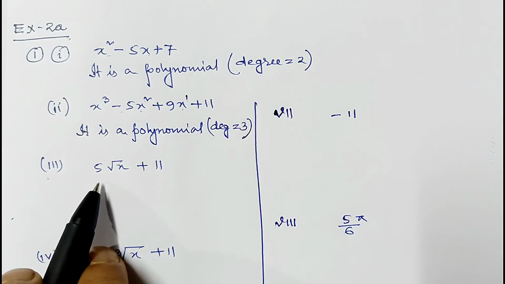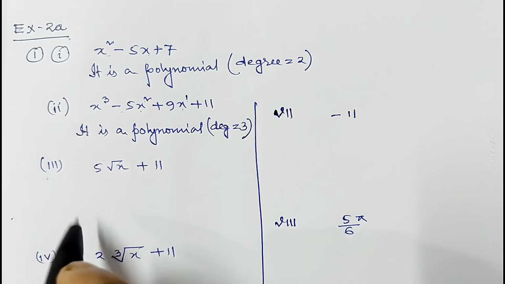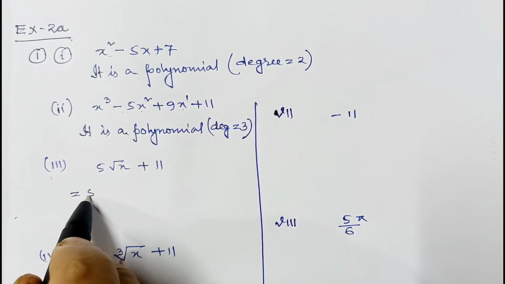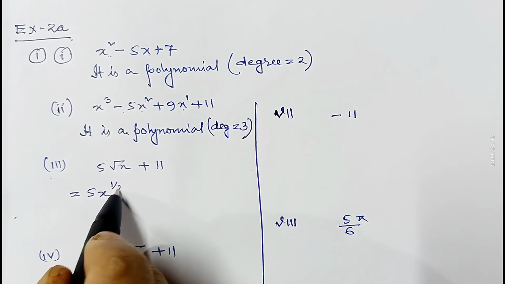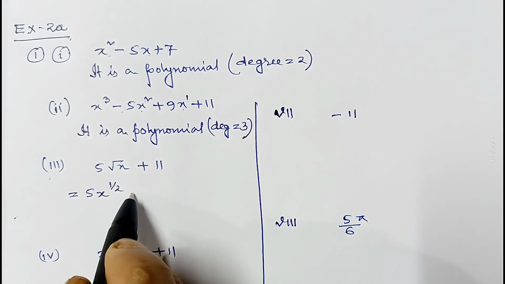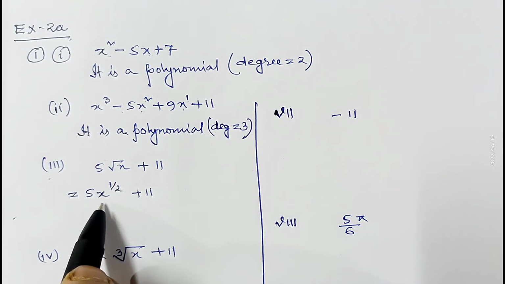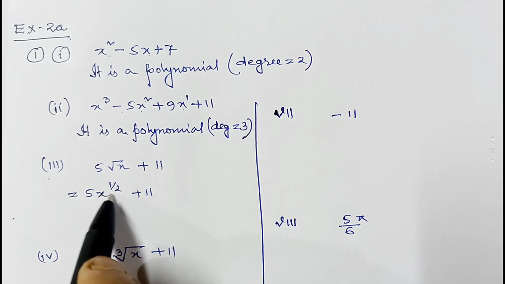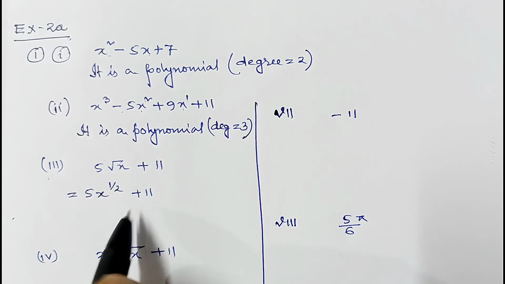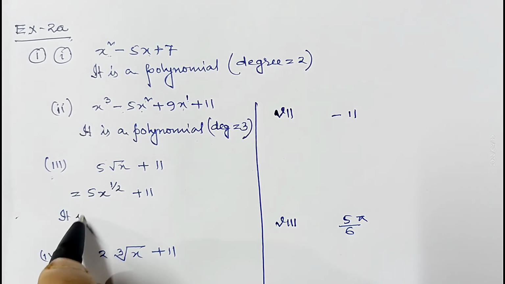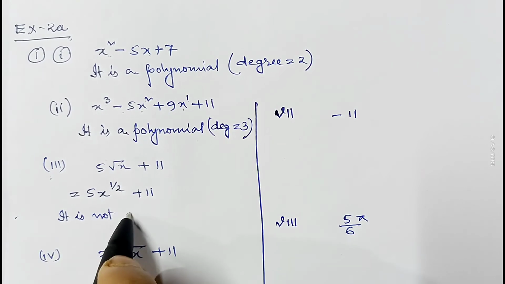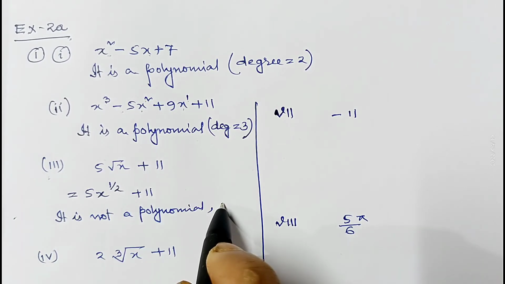In the third case, it is given 5 root over x plus 11, which can be written as 5 x to the power half plus 11. We know root over x means x to the power half. Here the power of x is a fraction. Since it is a fraction, it is not a polynomial.